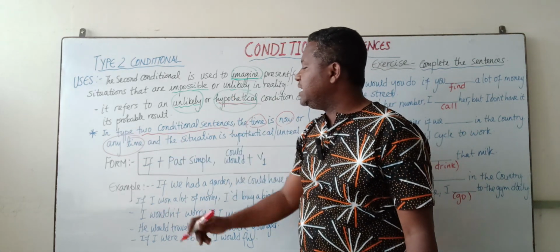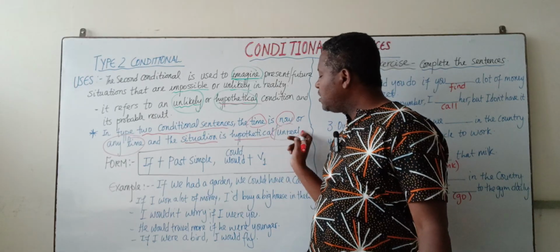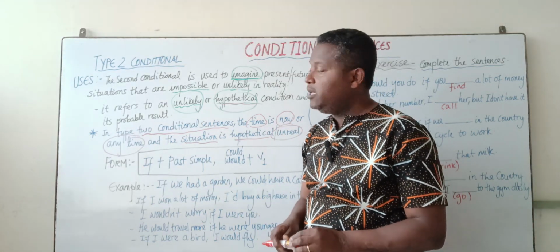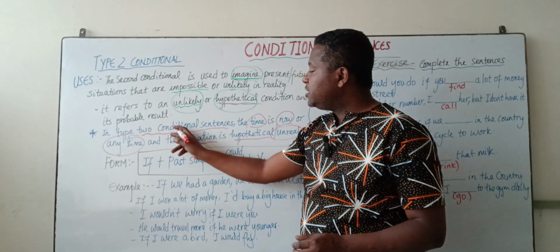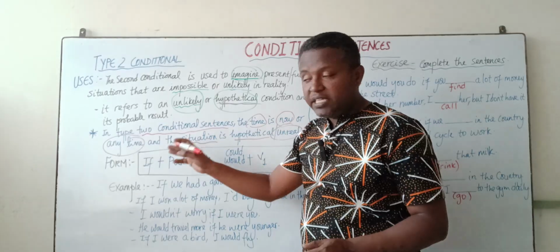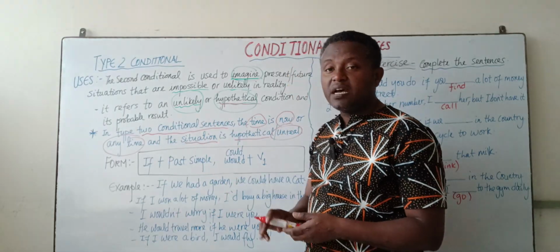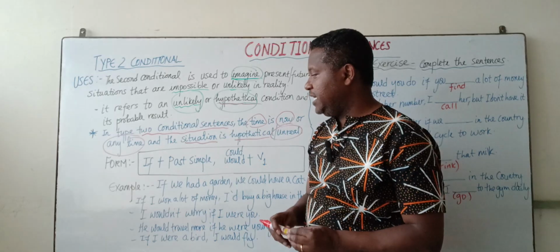It can be any time, and the situation is hypothetical or unreal. So in general, in type 2 conditional sentences, the time is now or any time, and the situation we are dealing with is hypothetical or unreal.